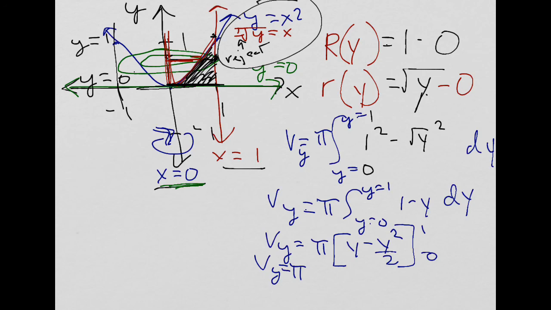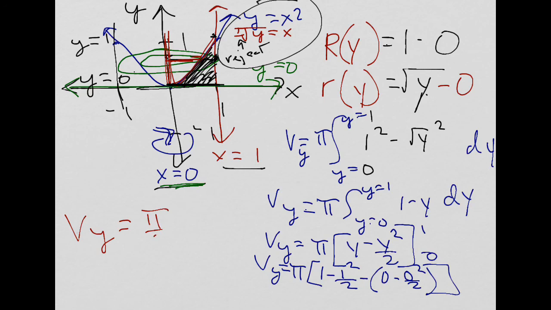I lost my equal sign. This is just going to be 0. So 1 minus a half is 1/2. And so our volume is half of pi, or pi over 2. And that's it. Okay.